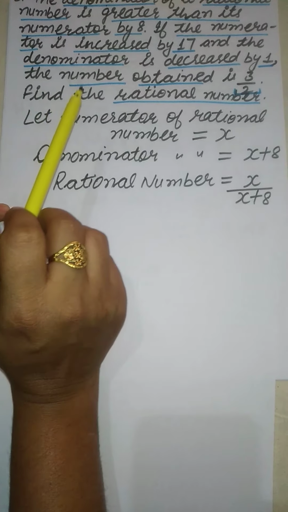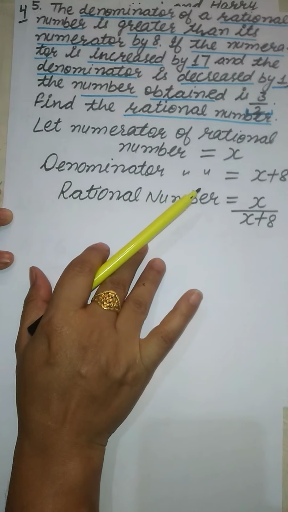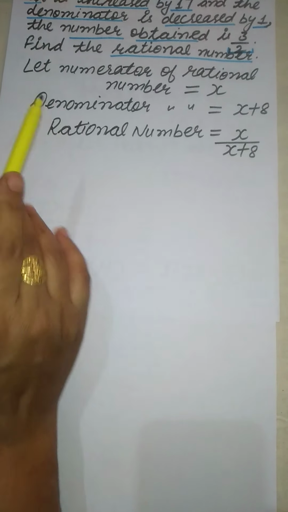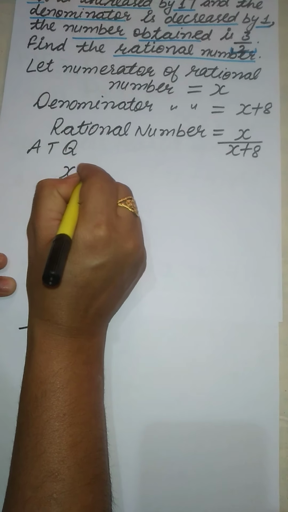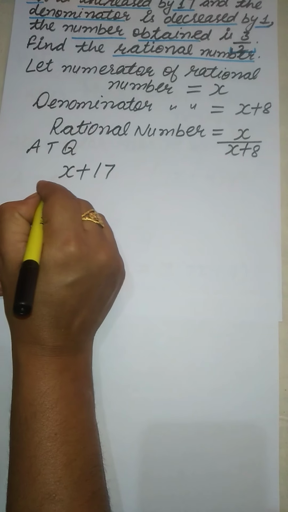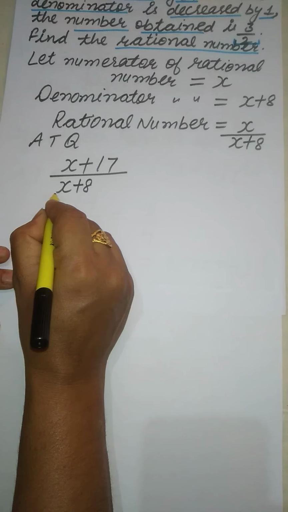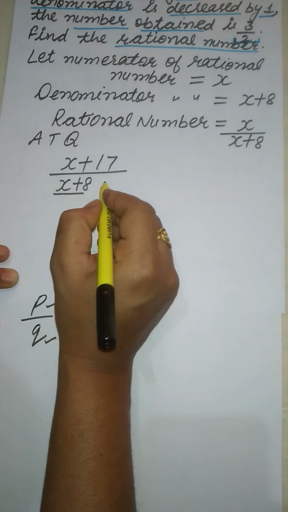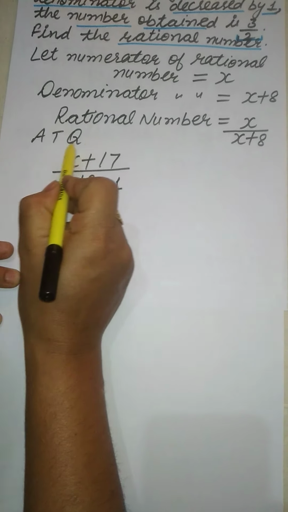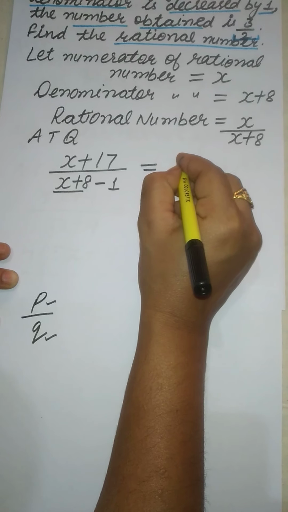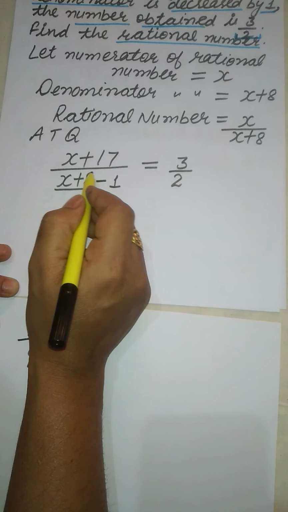Now the condition is, according to question, numerator is increased by 17 and the denominator is decreased by 1. The denominator is x plus 8. This is decreased by 1 means minus 1. And the rational number so obtained is equal to 3 by 2. So simplify the term.